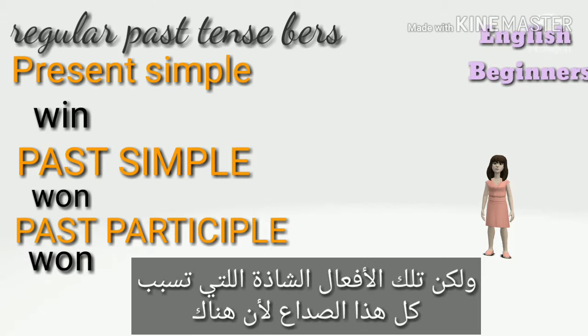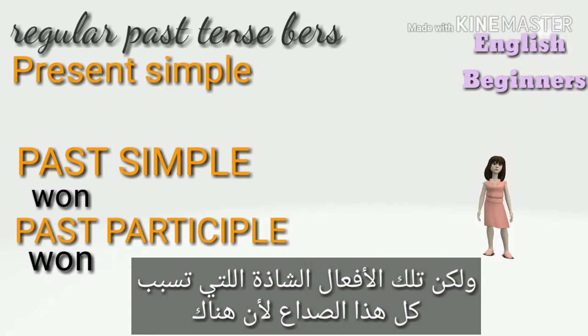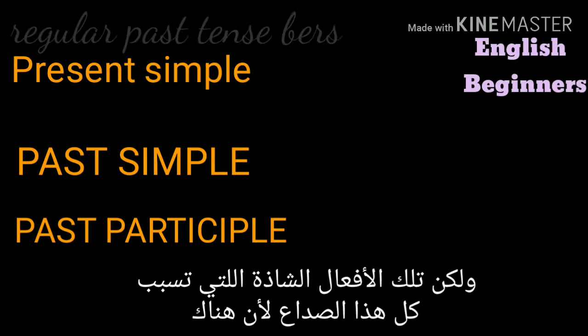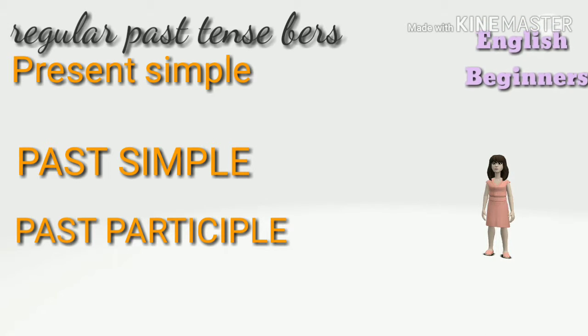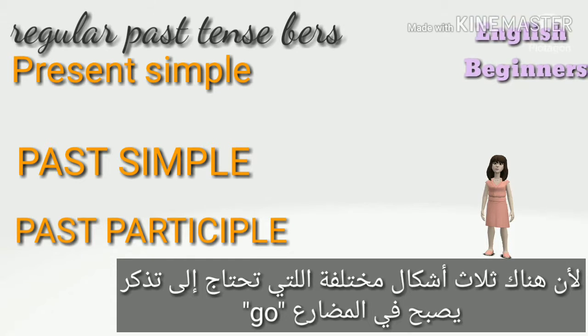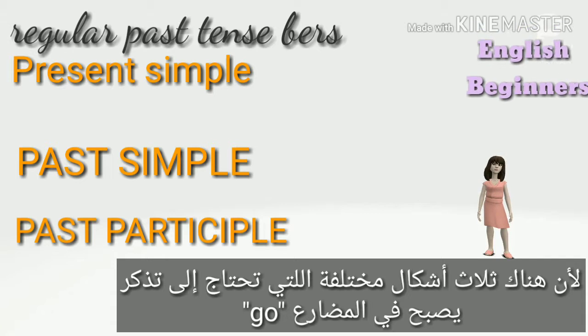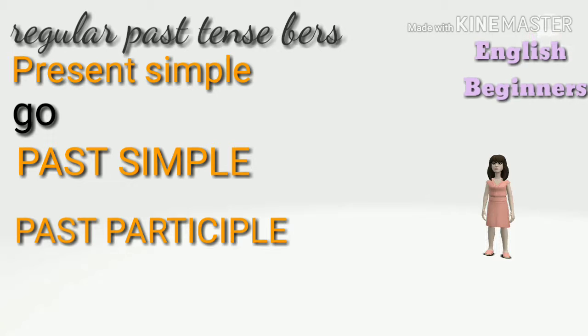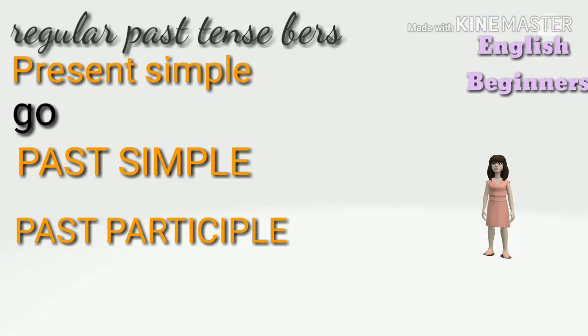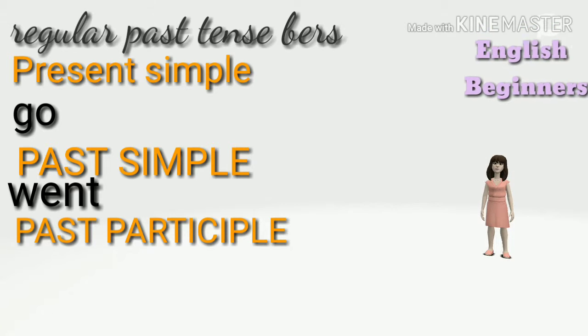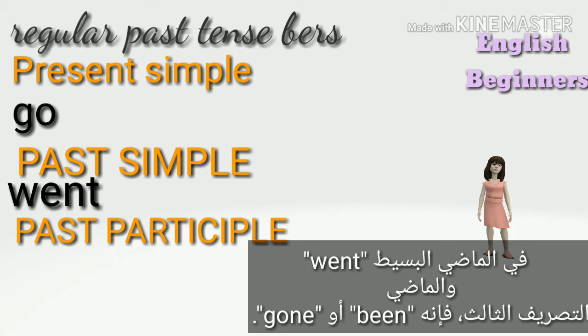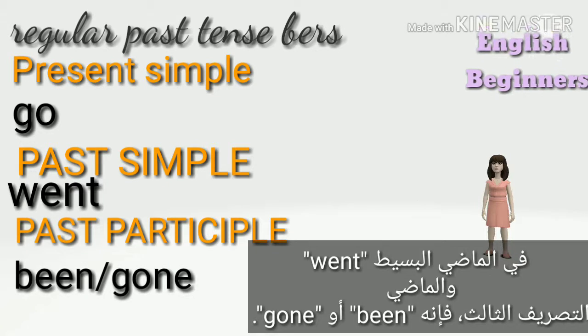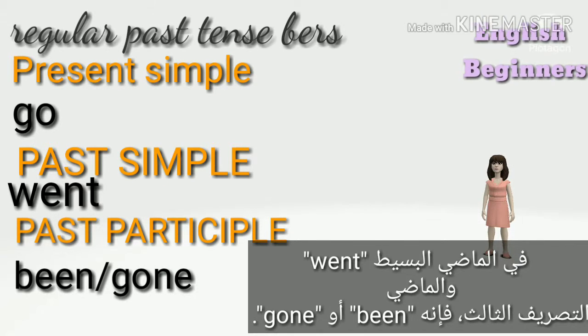But these really irregular verbs are the ones that cause all of the headaches, because there are 3 different forms that you need to remember. Go in the present tense becomes went in the past simple, and in the past participle form, it's been or gone.